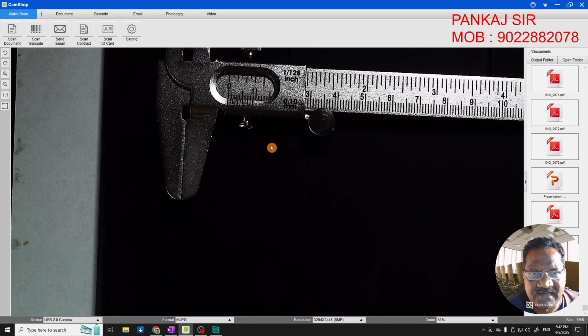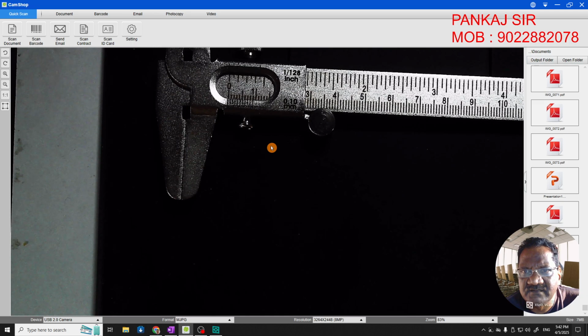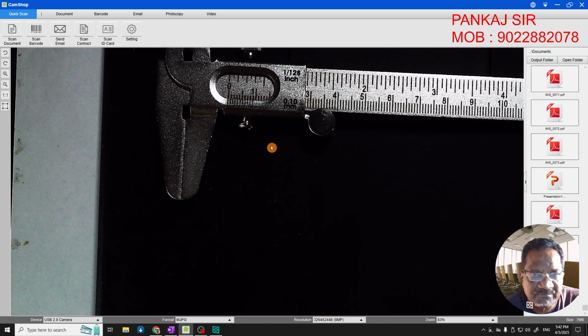But after a certain amount of time has passed, if I'm using this particular Vernier caliper for a very long duration, or using it very roughly because so many students are using it, this alignment of the main scale zero and the Vernier scale zero may get disturbed.